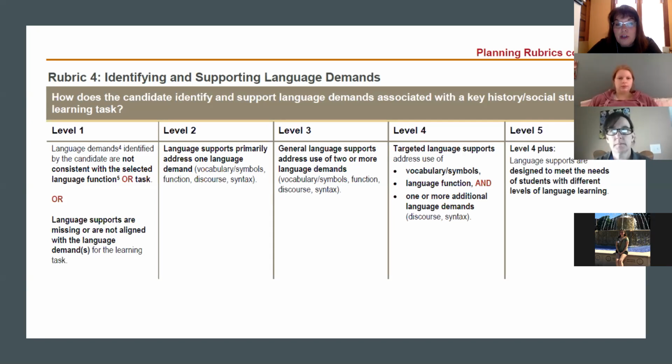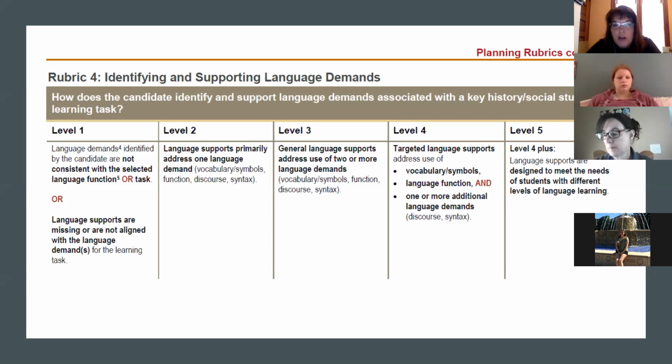But if my language function is compare, and what my demand is list, I want you to list all of the things related to the French Revolution, that doesn't help students compare and contrast. So if you have a language function, something like compare, and then the thing you ask kids to do doesn't help them compare, then you're going to get a level 1.